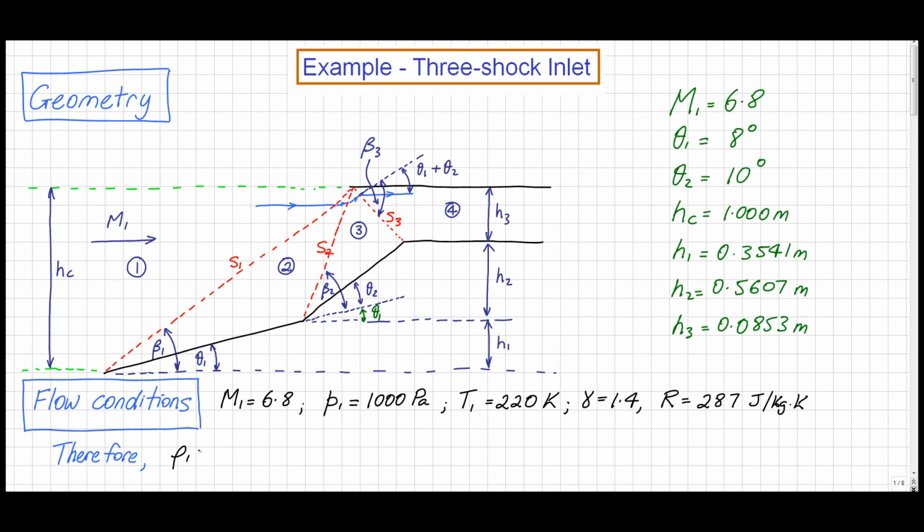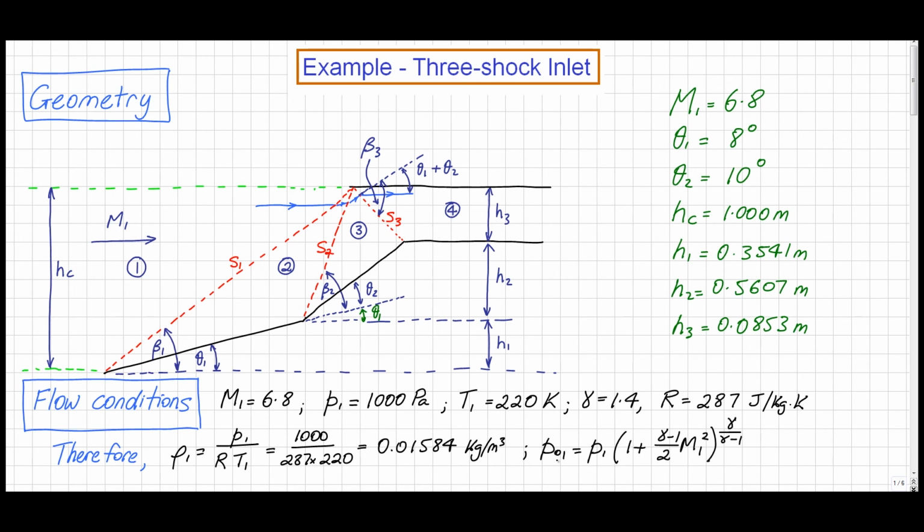So density of the flow, ρ1. Static density is the static pressure over the gas constant times the static temperature. And we put in those numbers, so we get 1000 over 287 times 220, and that comes out to be 0.01584 kilograms per meter cubed.